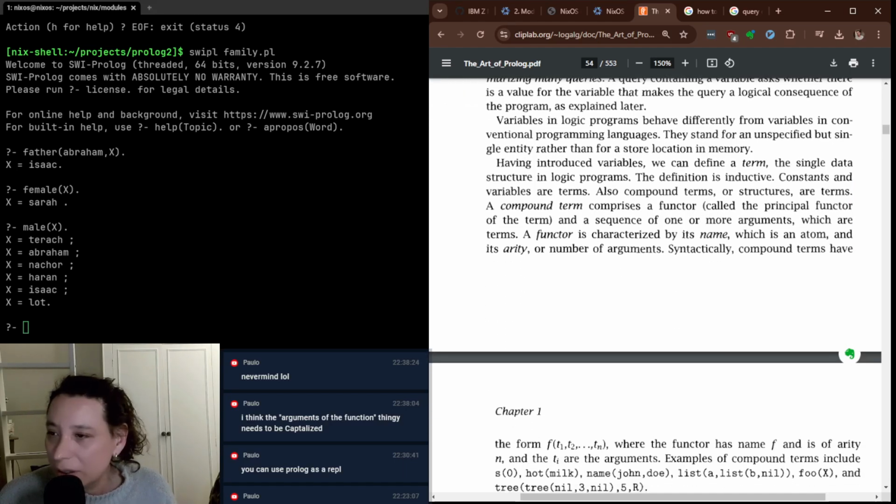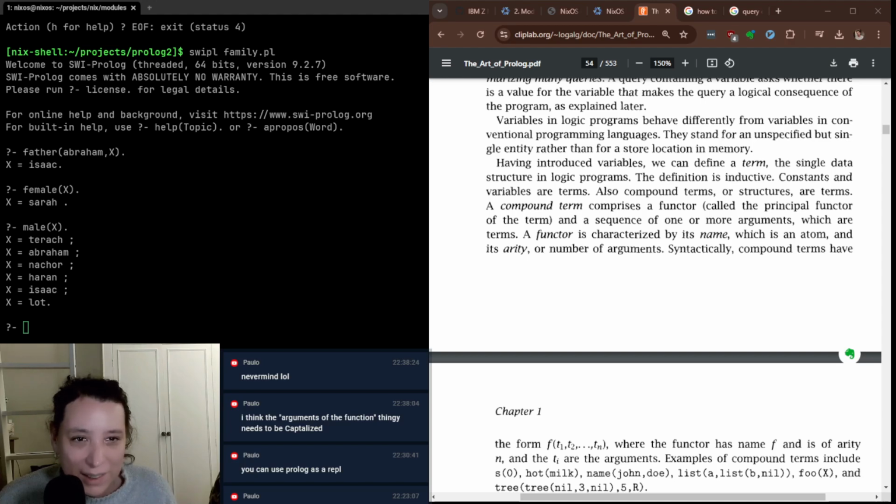Having introduced variables, we can define a term, a single data structure in logic programs. The definition is inductive. Constants and variables are terms. Also, compound terms or structures are terms. A compound term comprises a functor called the principal functor of the term and a sequence of one or more arguments, which are terms.